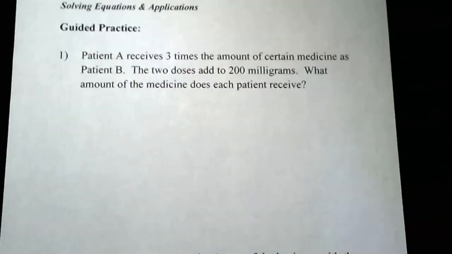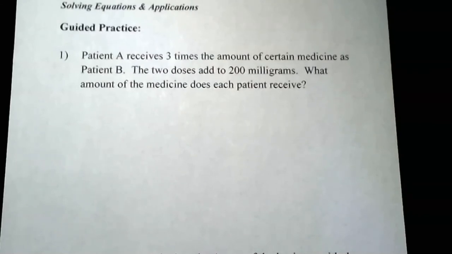Okay, for the remainder of the problems in this section, we're going to use the skills that we just talked about with translating regular sentences, and we're going to apply it to actual real life situations now. So for number 1, patient A receives 3 times the amount of a certain medicine as patient B. The 2 doses add to 200 milligrams.